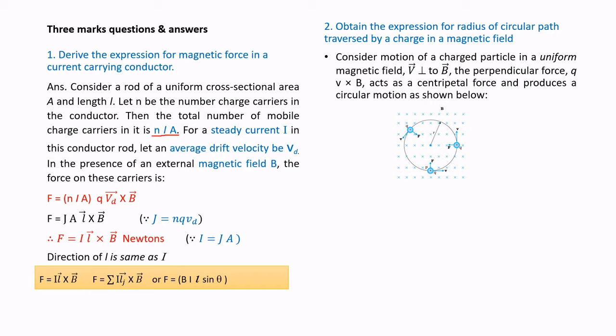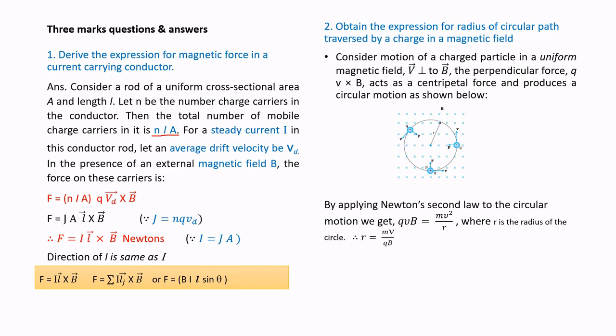This is the force, this is the velocity and the centripetal force, and it produces a circular motion. The circular motion of this charged particle is due to centripetal force. Hence, the path is circular.